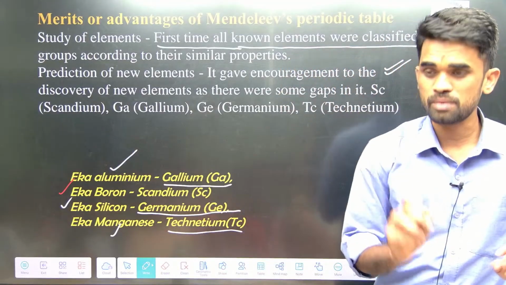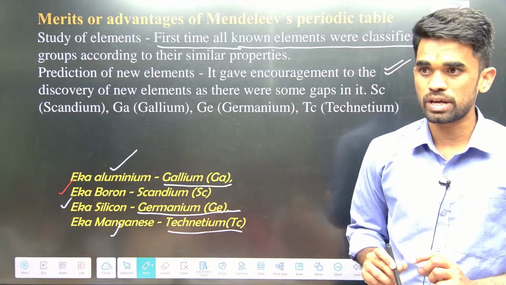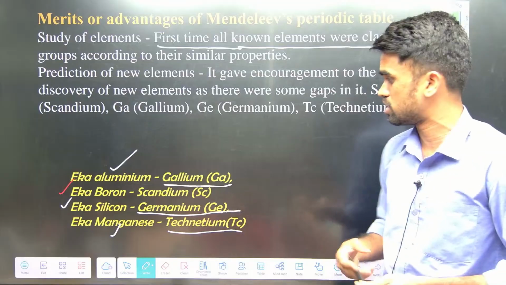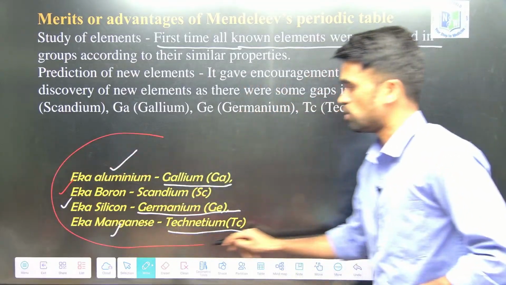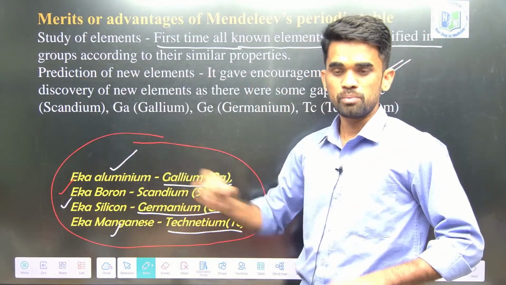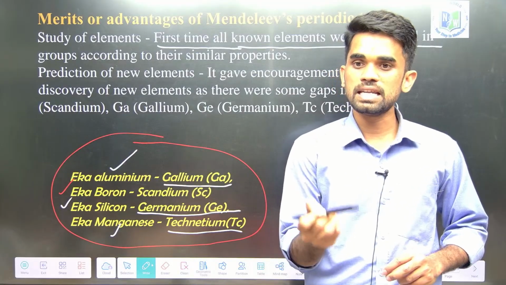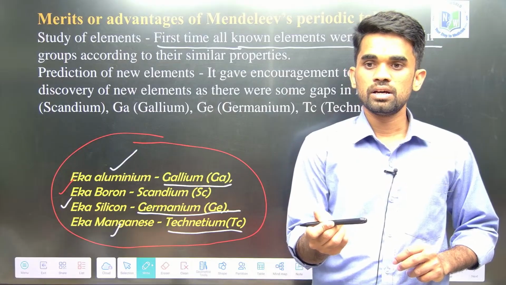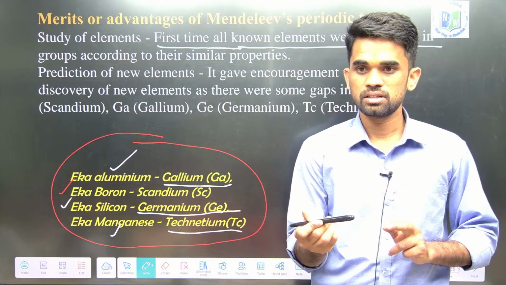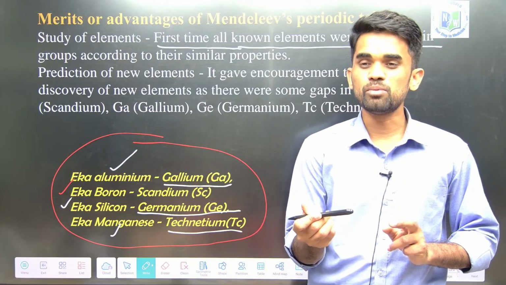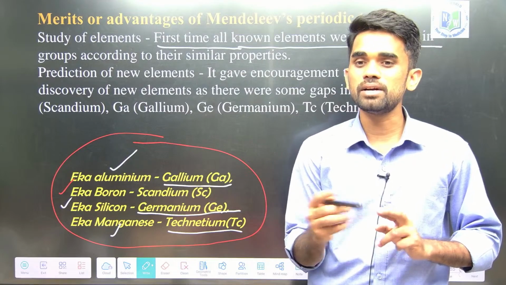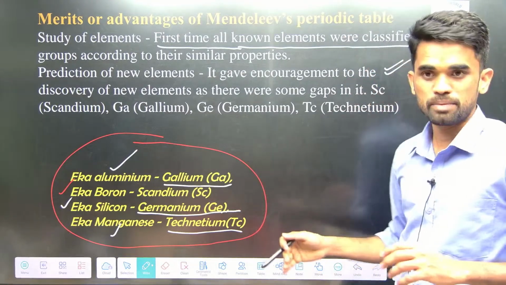Now in the exam, what type of questions can you expect from our discussion? Either about these four names: Eka boron, Eka silicon, Eka manganese, and one more I missed, Eka aluminium. Just remember this.